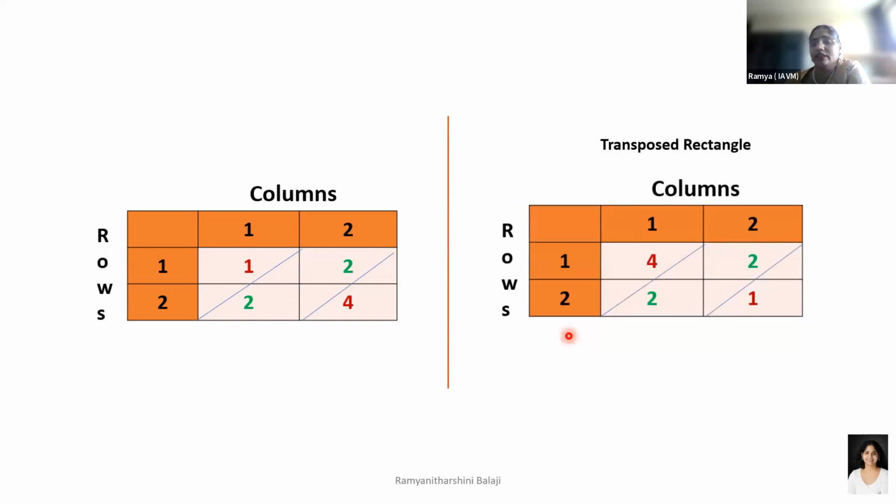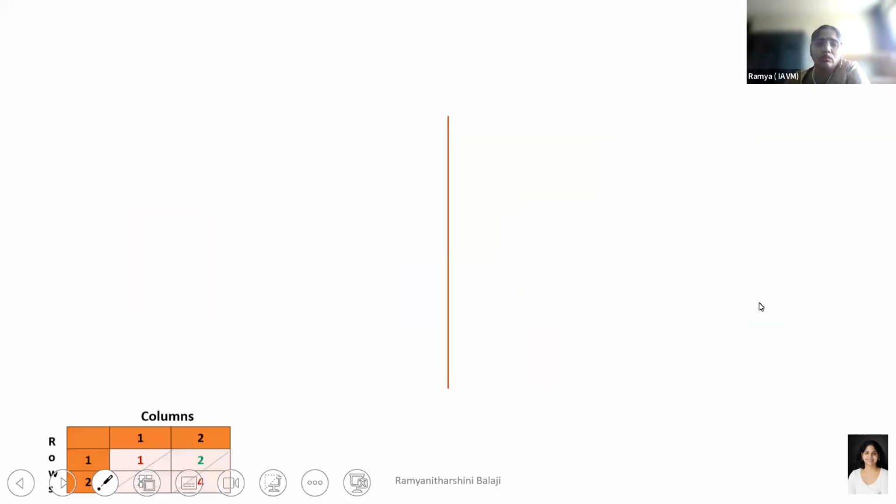And you can see that it is a transposed rectangle. For 1 times 1, it is 4. For 1 row and 2 column, it is 2 rectangles. 2 row into 1 column, it is 2 rectangles. 2 row into 2 is 1 rectangle. So you can just see how the numbers are transposed totally.